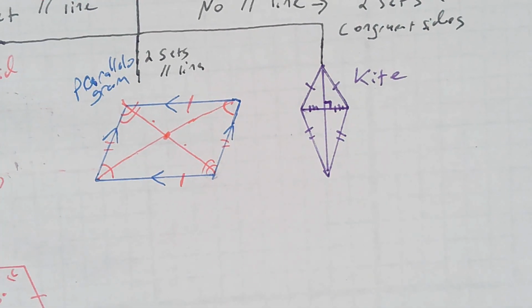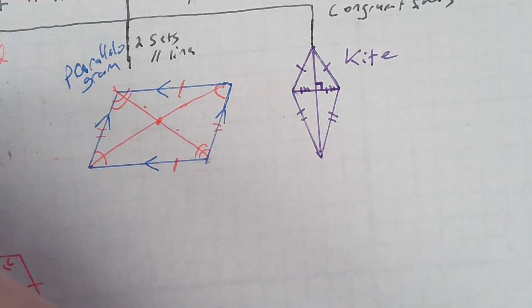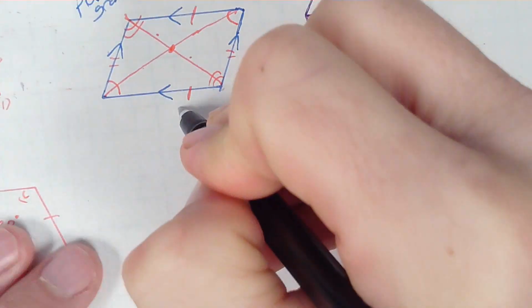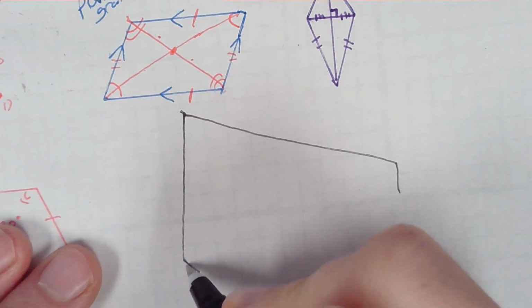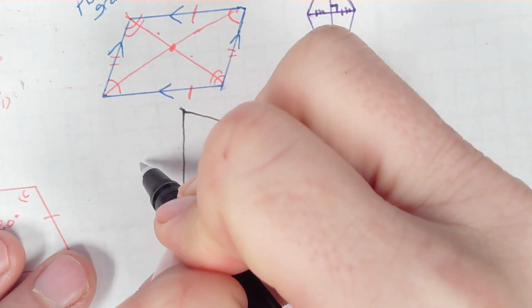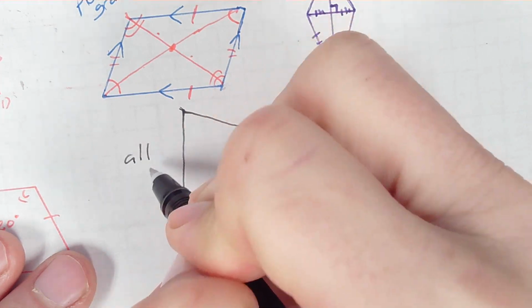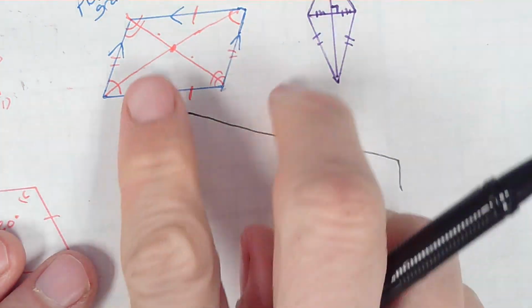Okay, parallelograms can be broken down even further. There are two ways to break down these parallelograms, based upon their angle measures or their line segments. If the angle measures are all equal, so all 90 degrees, it squares this all up.